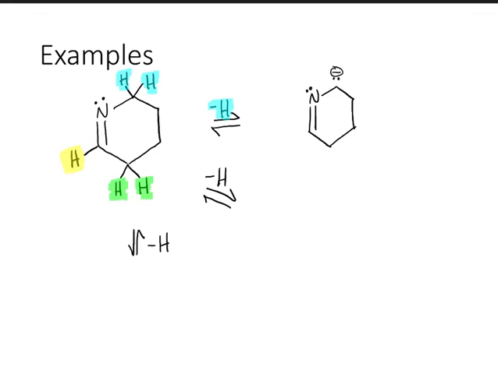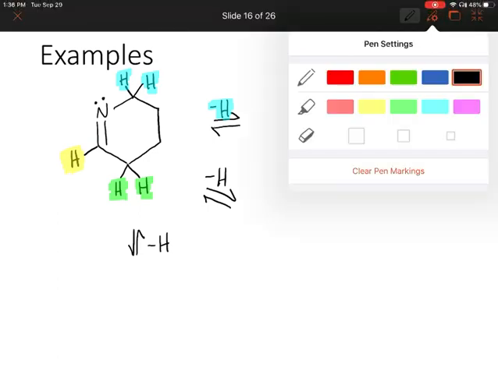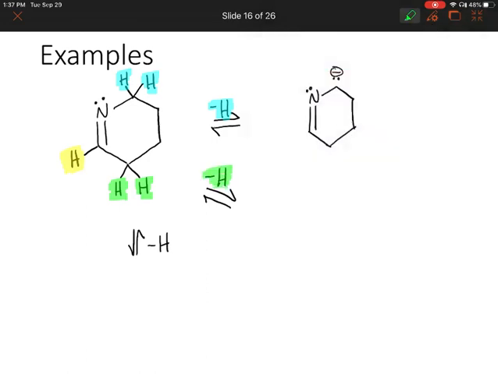Okay, now what happens if we lose a green hydrogen? In that case, we're losing a hydrogen on the bottom carbon, so that bottom carbon ends up with a negative charge.